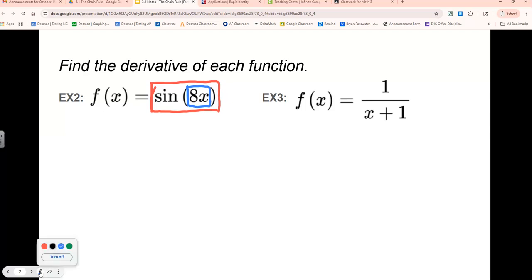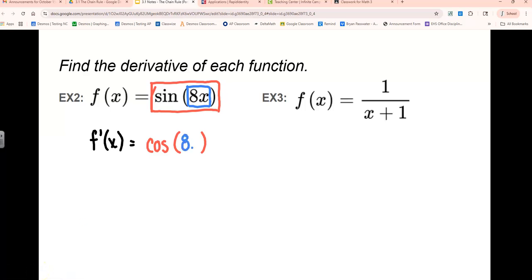So if we are taking a derivative here, we first need to take the derivative of the outside, which is our sine of something, right? When we take the derivative of sine, what do we get? Cosine. So we get cosine of stuff, right? That stuff does not change. It stays the same. It's still 8x.